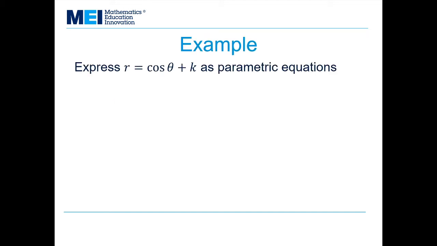Express r equals cos theta plus k as parametric equations. Well, first of all, I know that x is r cos theta, and I know that y is r sin theta. I'm going to substitute for r.